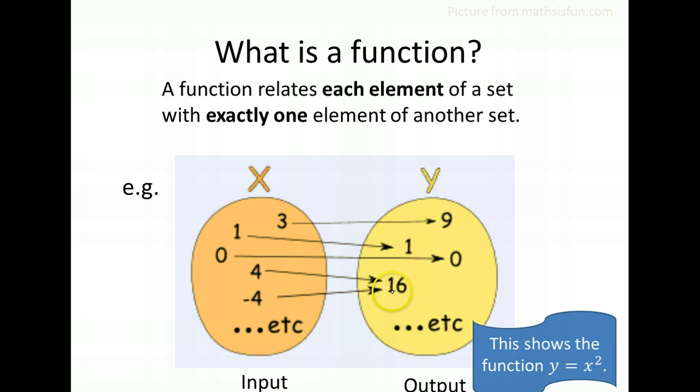I will get positive 16. And also if I get negative 4, I will get positive 16 when we square negative 4 times negative 4. Okay, so a function, exactly one output. For everything that we put in there, we get exactly one output for each element.